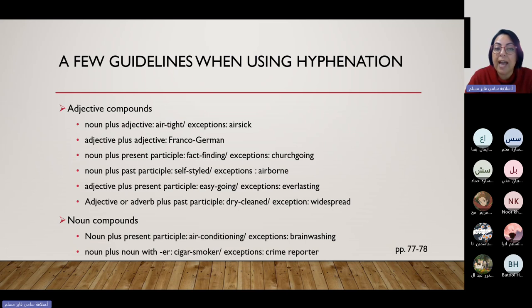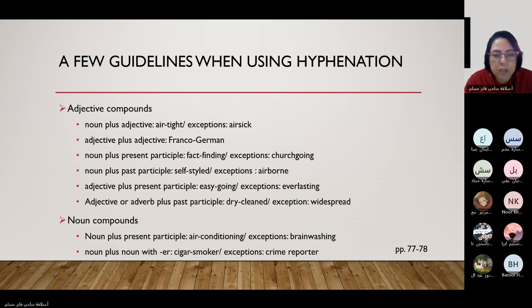We talk about adjective plus adjective. Franco-German. The first is an adjective meaning French, and the second, what? German. Franco-German. Noun plus present participle, we put the hyphen. Fact-finding. Fact is a noun, present participle, finding. Exception, churchgoing.